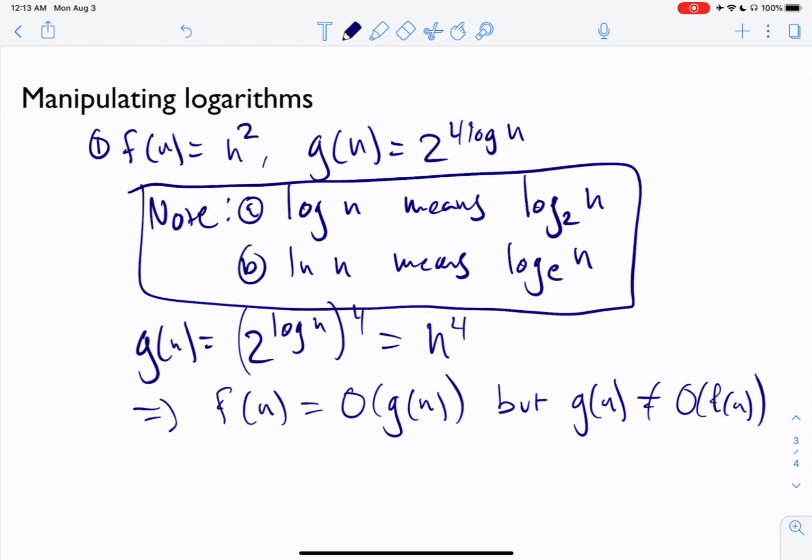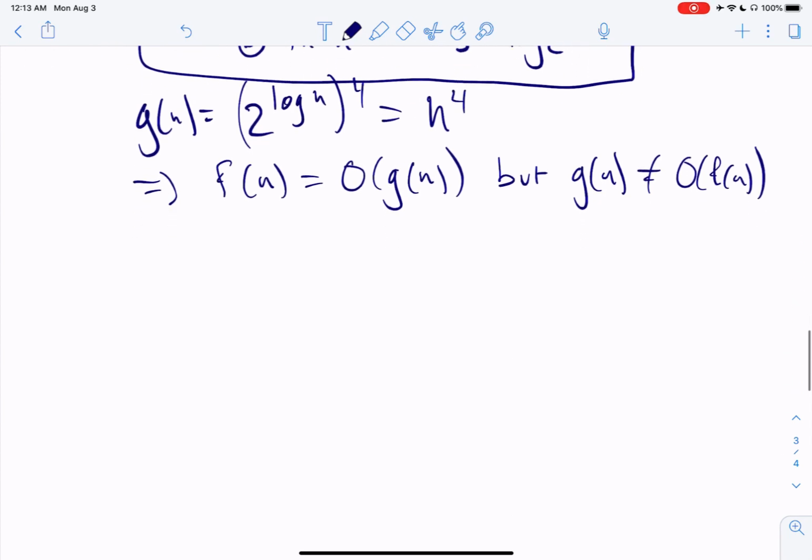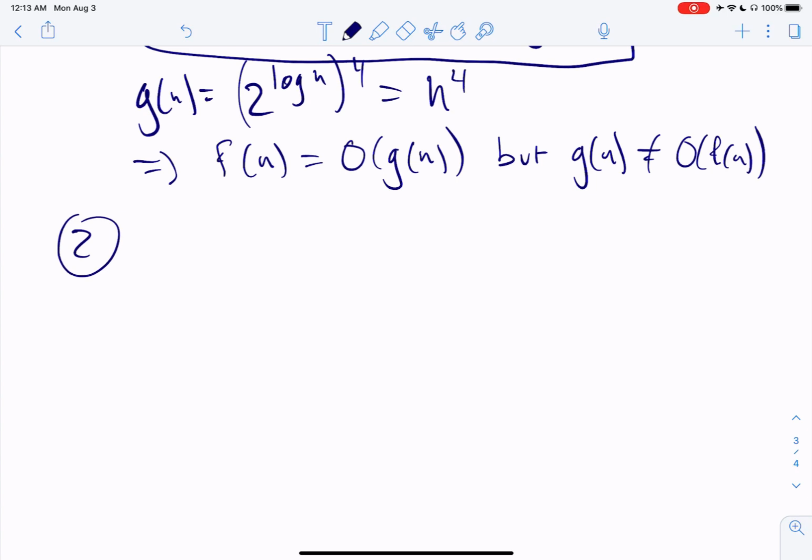Good, okay, so let's try a slightly harder one. How about f of n equals 3 to the log base 5 of n? Now, of course, I picked these weird numbers, 3 and log base 5, because they don't match up appropriately. It's very hard for us to reason about how this thing grows.